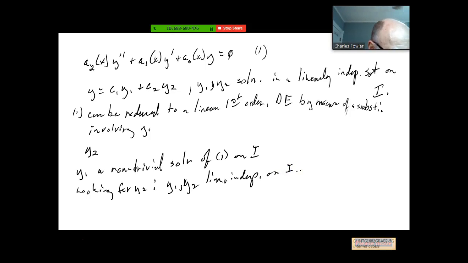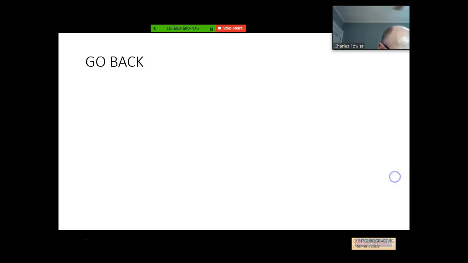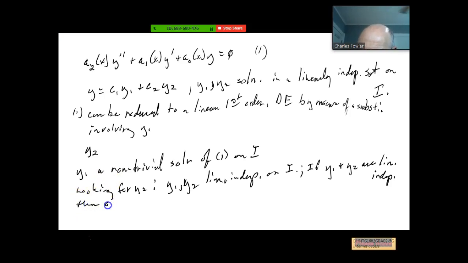Now, back in section 4.1, if y1 and y2 are linearly independent, then their quotient y2 over y1 is equal to u of x.